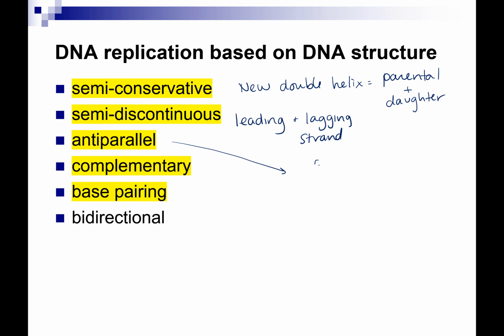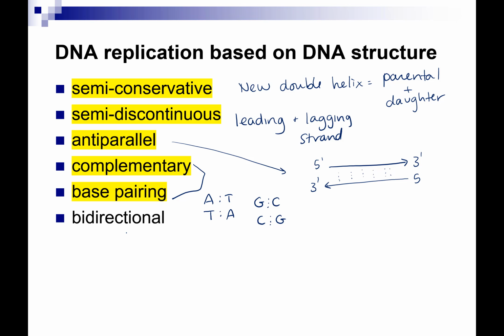Anti-parallel means that the two strands go in opposite directions. 5' to 3', 3' to 5'. It's all made by complementary base pairing. A base pairs with T, T base pairs with A, G base pairs with C, C base pairs with G. So that's how we can accurately copy one strand of DNA because of base pairing.